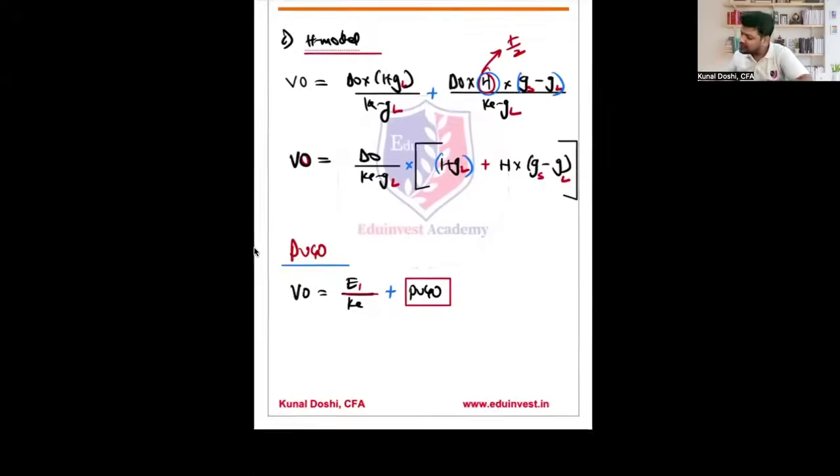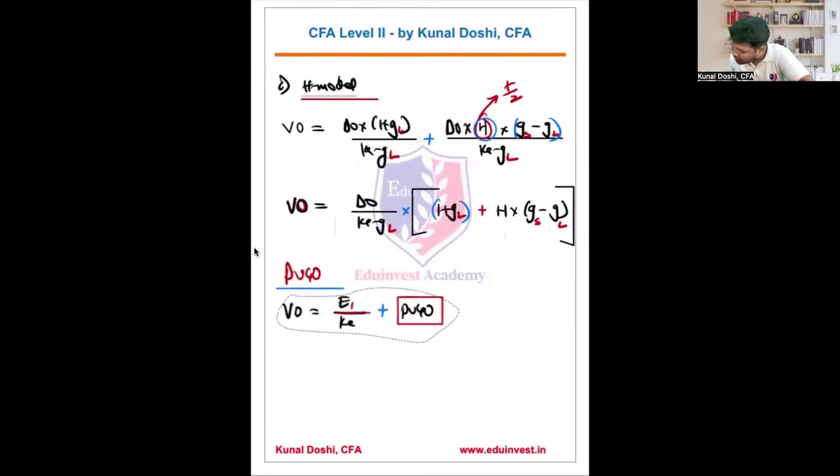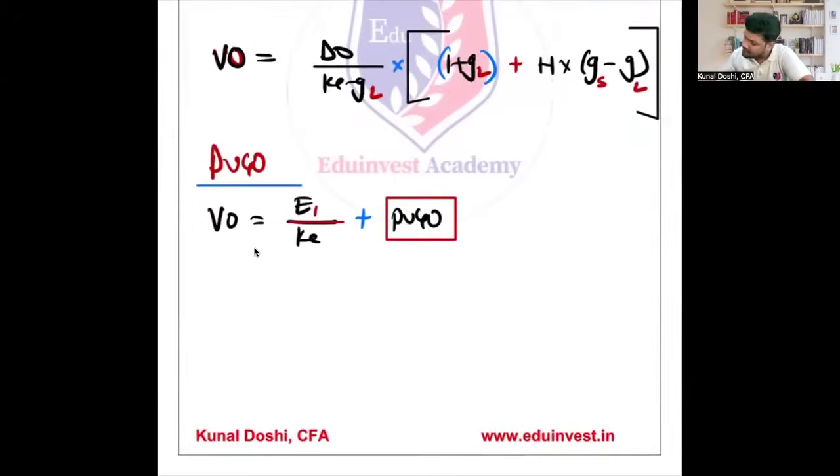So when they ask me to find the value of the preferred share, it's very easy. All I'm going to do is that, for the value of preferred shares, all I need is the preferred dividend. Perpetual preferred shares, okay? Preferred dividend divided by the cost of preferred share.